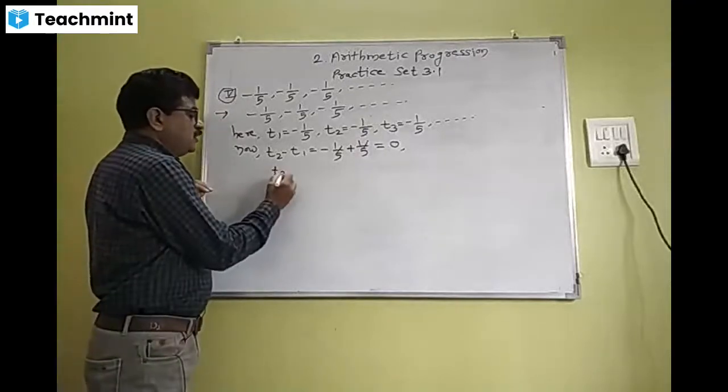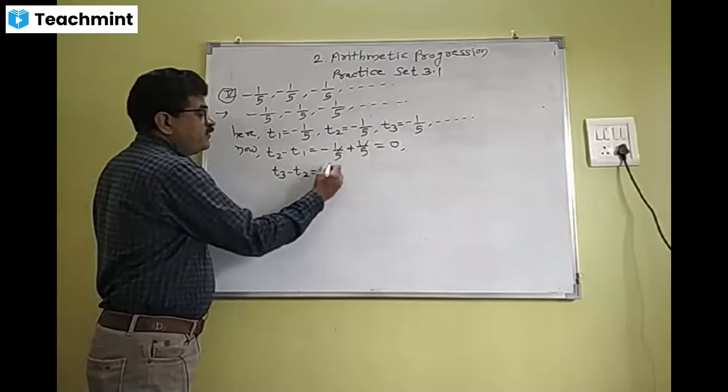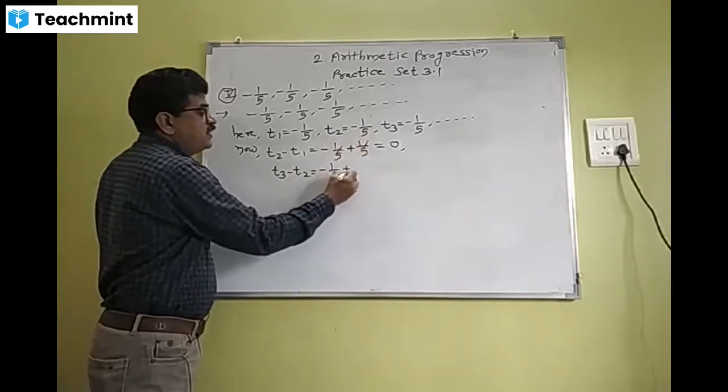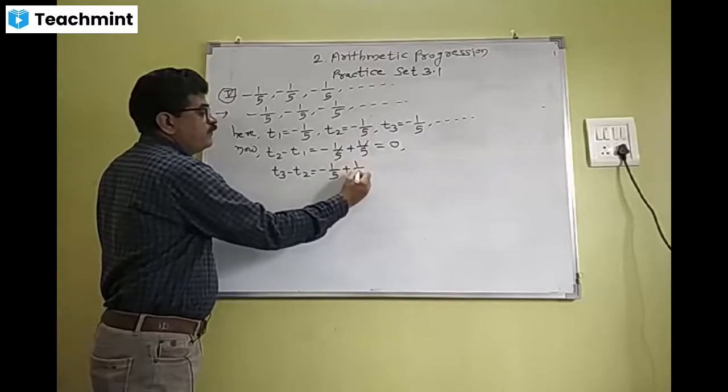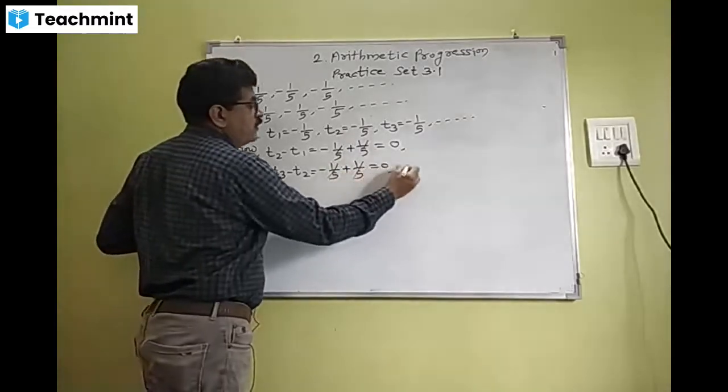Next, T3 minus T2 is equal to, T3 is minus 1 upon 5 minus of minus plus 1 upon 5. This gets cancelled, is equal to 0 and so on.